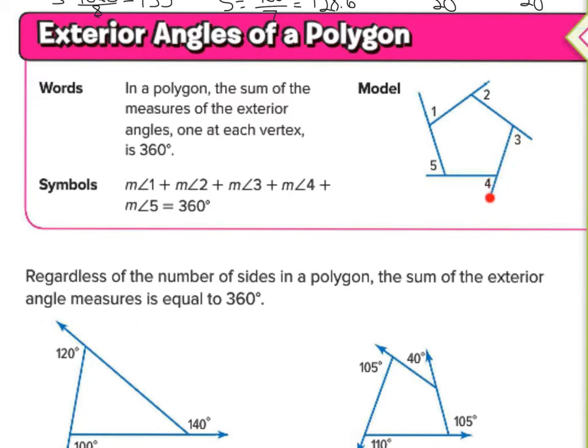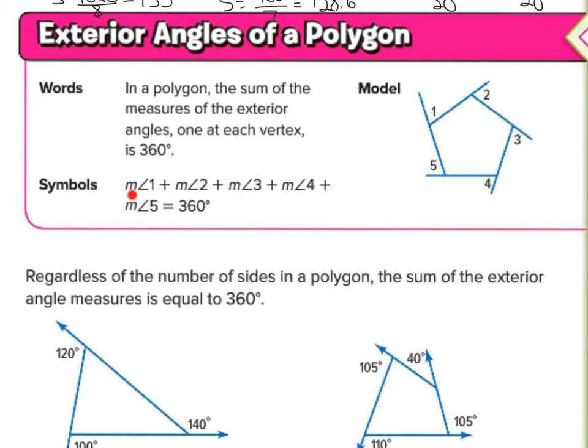If you continue with the transversal line, in each line you create a straight. You see that? And then you have these lines, they create an angle in each side. So what we're doing is, in words, the sum of the measures of the exterior angles, one at each vertex, is 360.